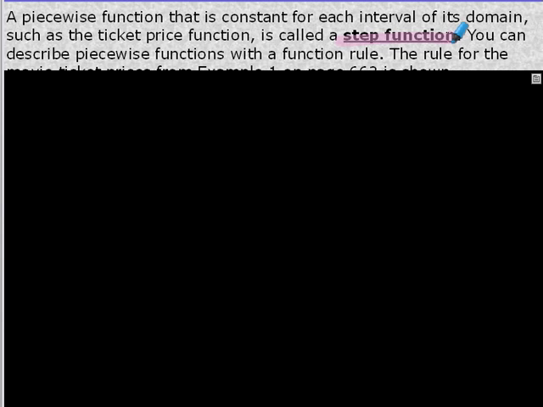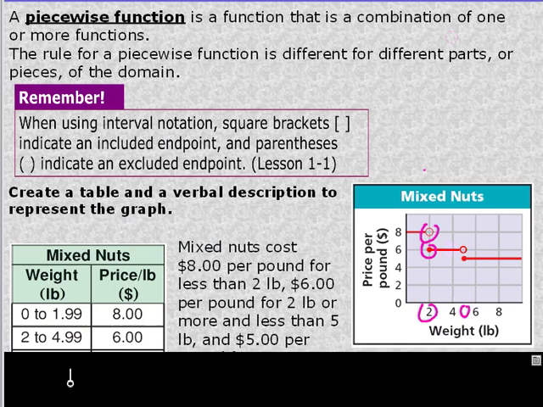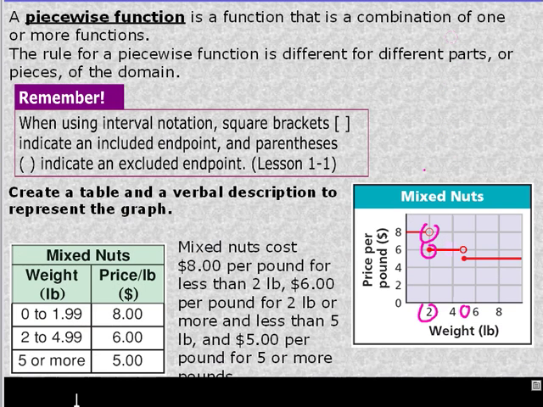The mixed nuts example we just looked at is a constant, so that would be a step function, because the value at each particular piece of the function is the same.